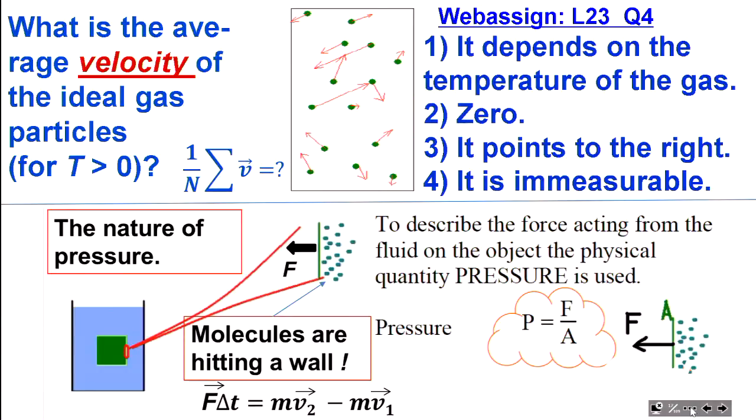So there has to be a connection between how they travel, fast or slow, and the pressure, which means there has to be a connection between kinetic energy and the pressure. High kinetic energy, high pressure; low kinetic energy, low pressure.